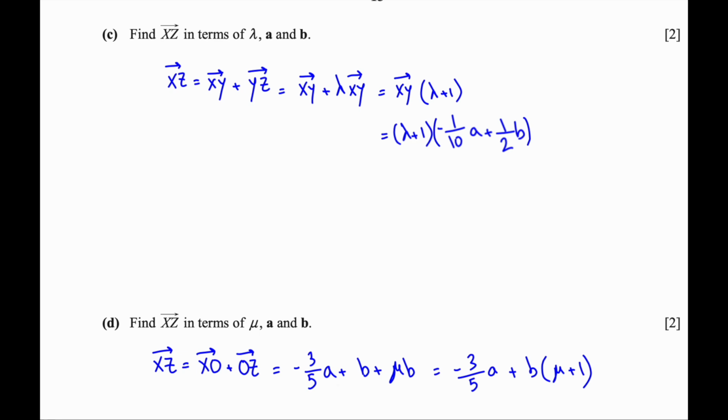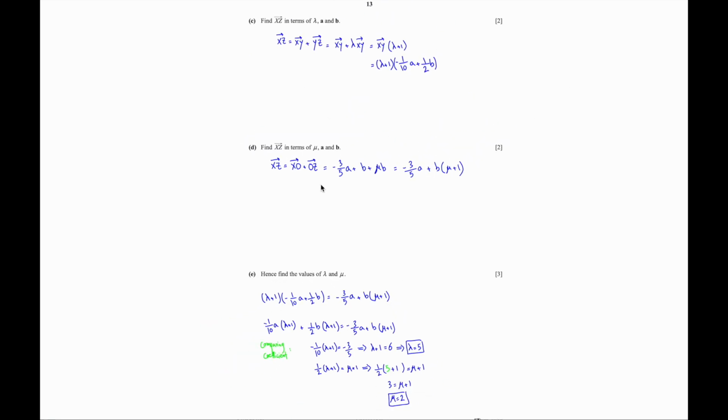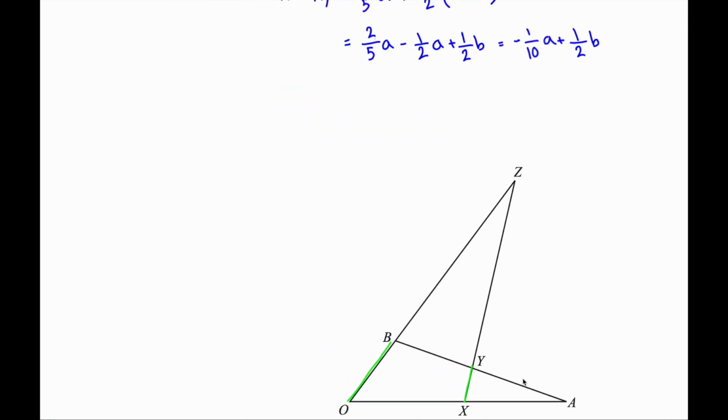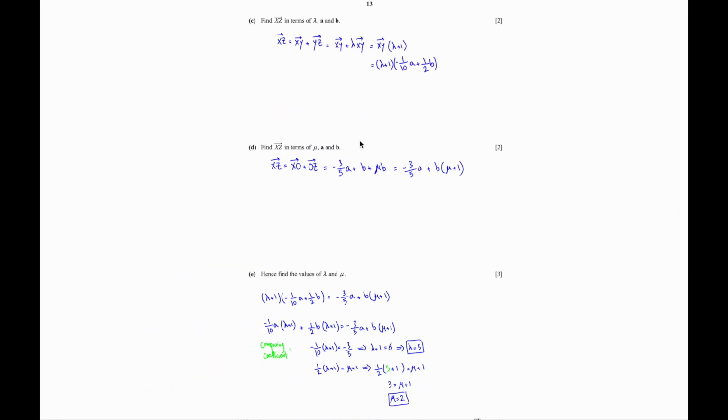From the graph, if you look at XZ, XZ can be written as XY plus YZ. We're told that YZ is lambda XY, and XY I have already found in the previous part.